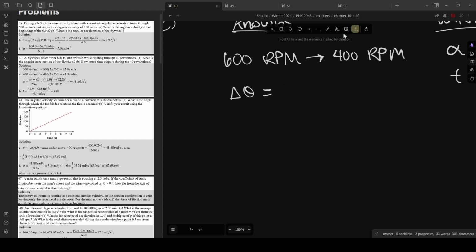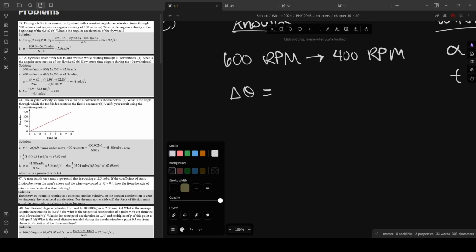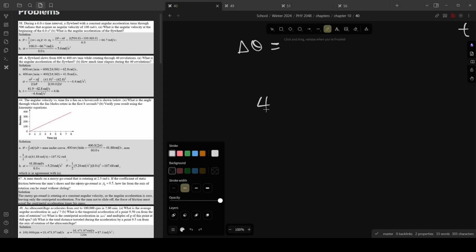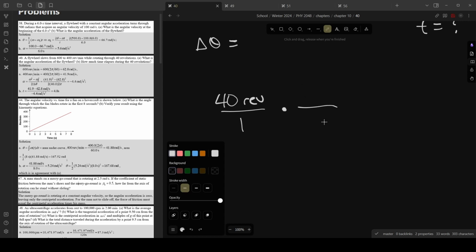Right, okay, this is where we wanted to do it. We have 40 revolutions, 40 revs over 1, because it's not per anything. In order to cancel out revolutions, we want our revolution amount in the denominator, so we'll write our rev unit there, and we want radians instead, so we'll write that above.